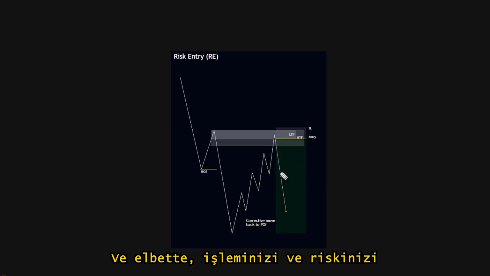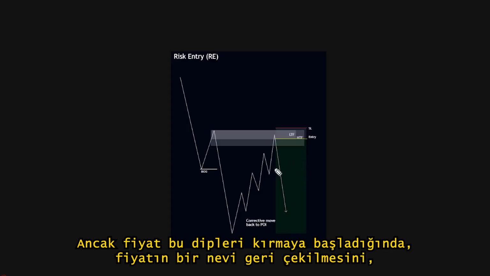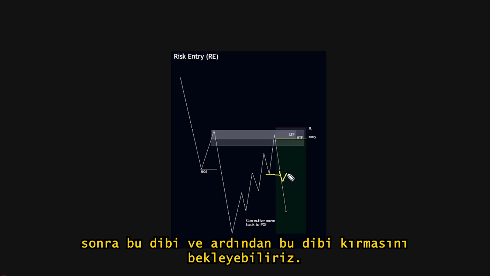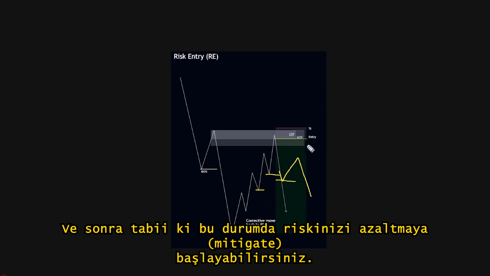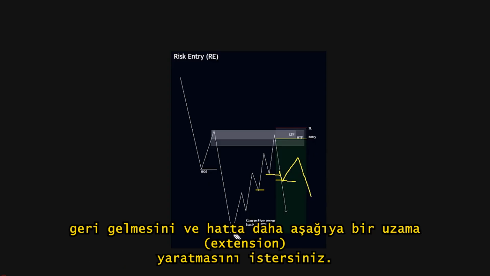The way you manage your trade and your risk is up to you and how you approach the market. However, once price starts breaking these lows, we could expect price to pull back and then break this low and then this low, and then you could start mitigating your risk.